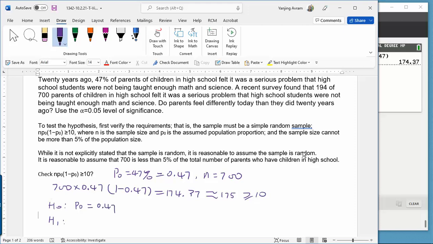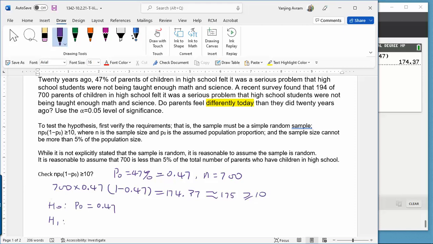A recent survey found this many felt it was a serious problem that high school students were not being taught enough math and science. Do the parents feel differently today? It didn't tell you whether parents feel better or worse today than they did 20 years ago. It just asked, do parents feel differently today?